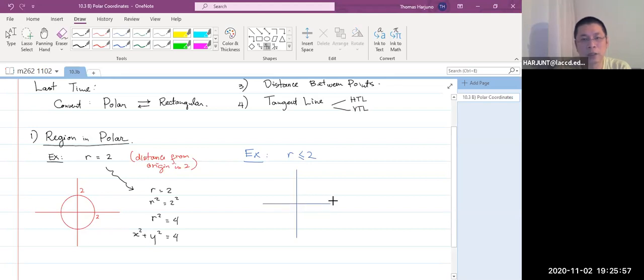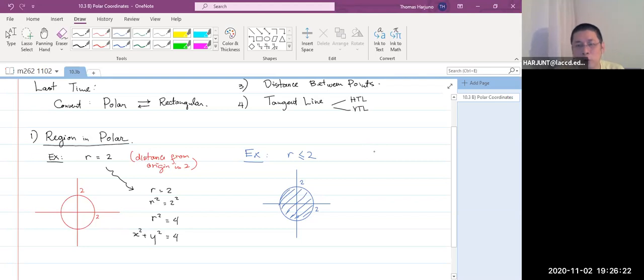That gives us not only a circle, but also everything in the interior, including the boundary. Okay, including the boundary.